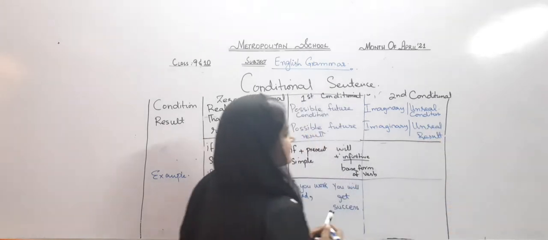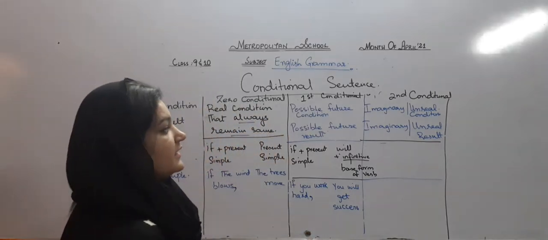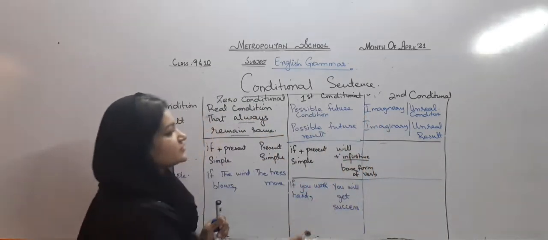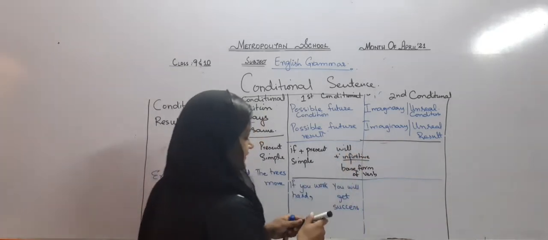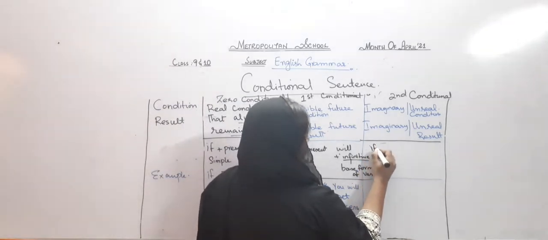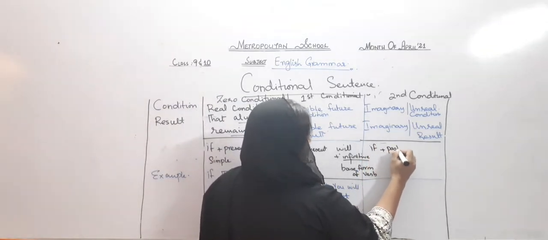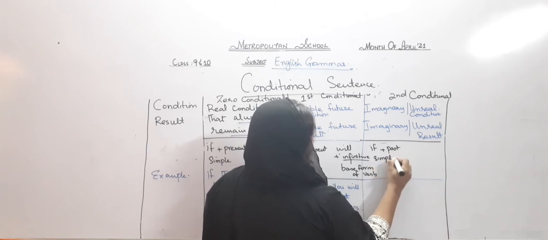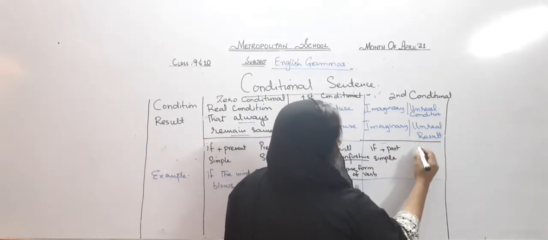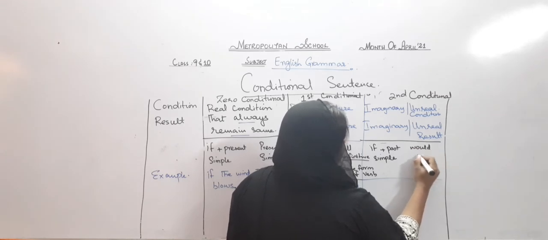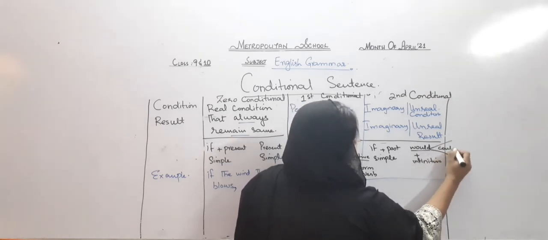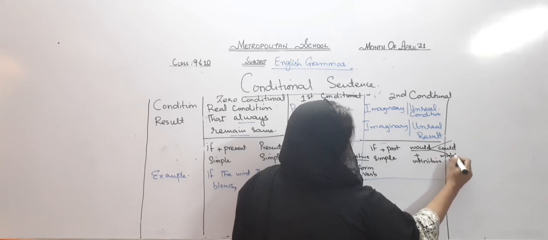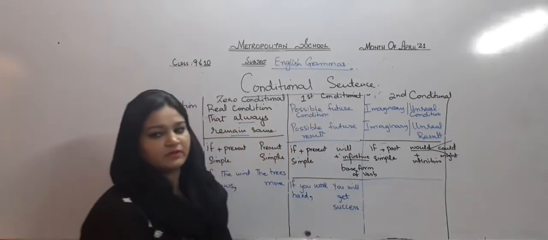If we talk about the structure, we must have an imaginary or unreal condition and an imaginary or unreal result. So the formula will be if plus past simple. Next, in the main clause, would plus infinitive. We can use could and might as well, because these are modal verbs, so they can be replaced.